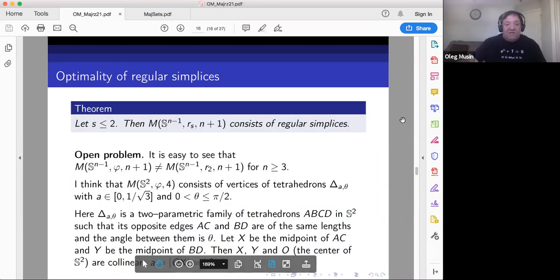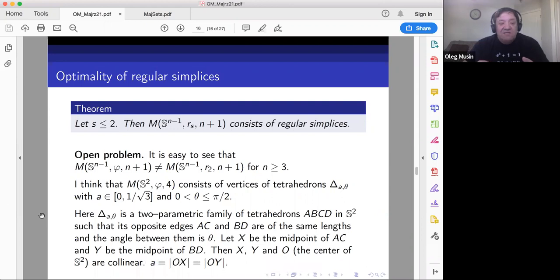It is just a conjecture, right? Let us consider a tetrahedron such that two opposite edges, AC and BD, have the same length a, and the angle between them is theta.